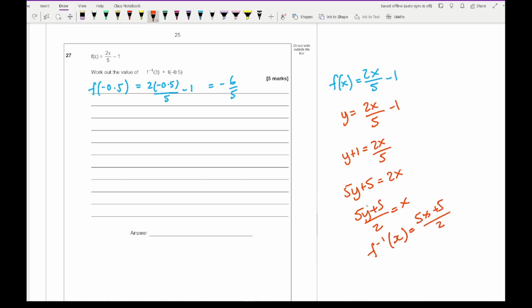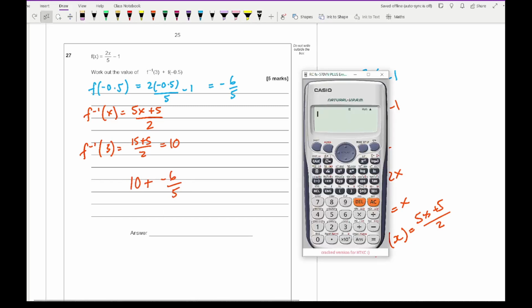So then what I want to do is substitute that in. Let me write that a little bit neater. I've got 5x plus 5 over 2, and then the inverse function of 3 is to just substitute 3 in, so I've got 15 plus 5 over 2, which equals 10. So then what I want to do is 10 plus minus 6 over 5, and again just to make sure, let's type that into our calculator to work it out.